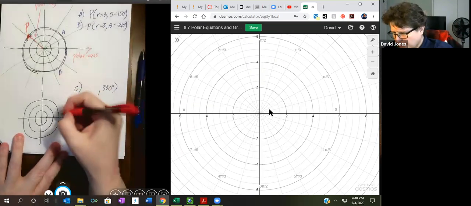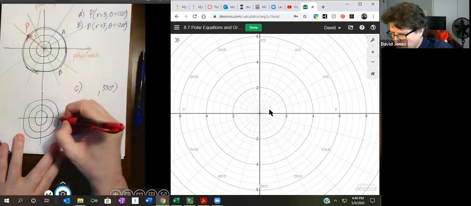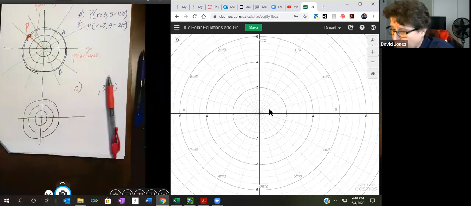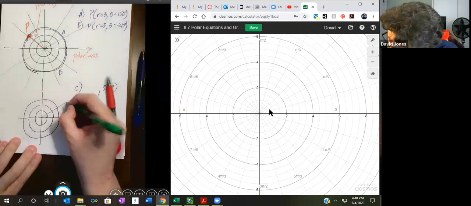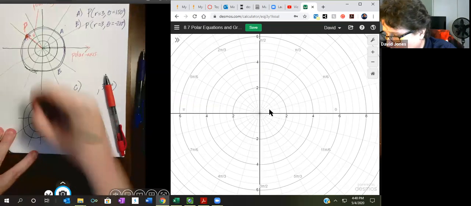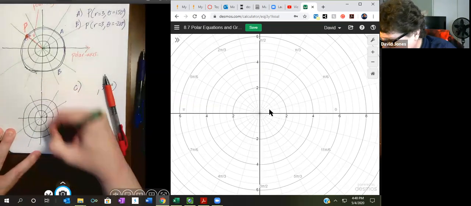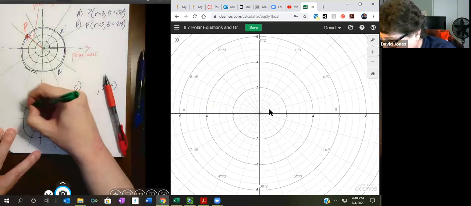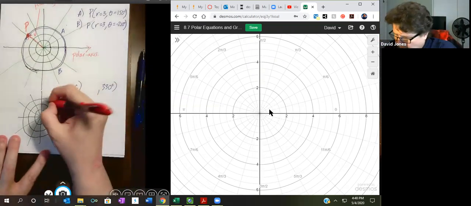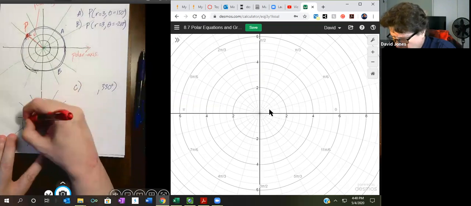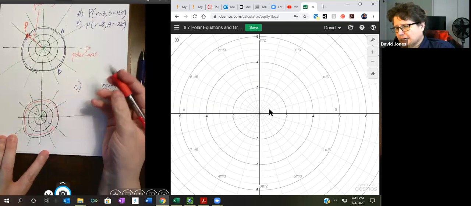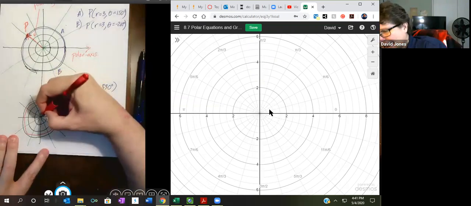I could go 330 degrees. Oh, I need my lines in. It's really hard to sketch this by hand if you don't have the 30, 60, 90 marks in there. 45s are kind of easier to spot. I can sweep around 330 degrees and then go negative 3.